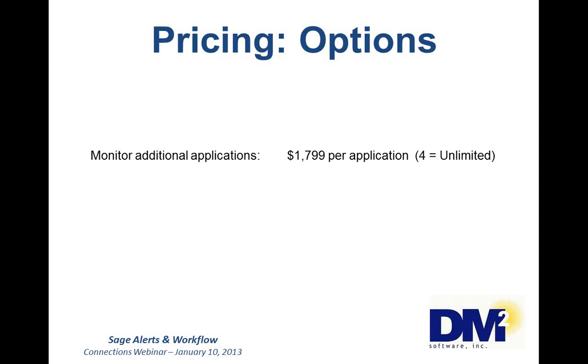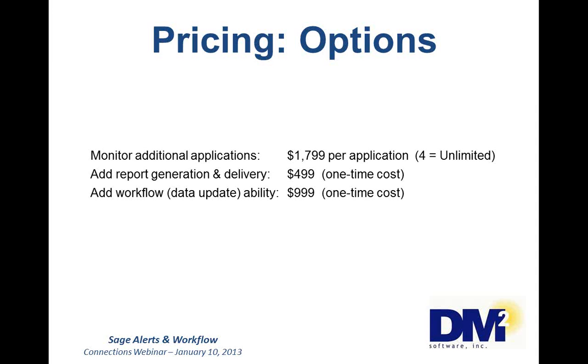Once you hit 4 applications, it becomes unlimited, meaning that you now have a license that you can monitor every single business application that you'll ever own. If you want to add the ability to generate and deliver forms, documents, and Crystal reports, that is a one-time cost of just under $500. And if you need the workflow or data update ability, that is a one-time cost of just under $1,000.